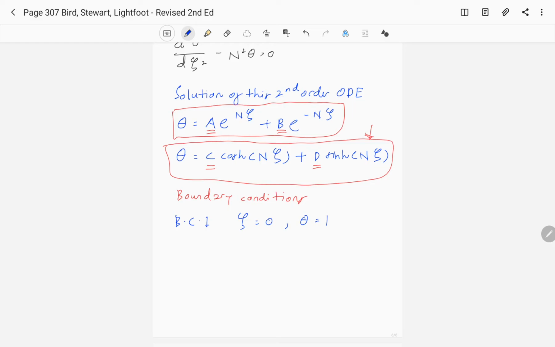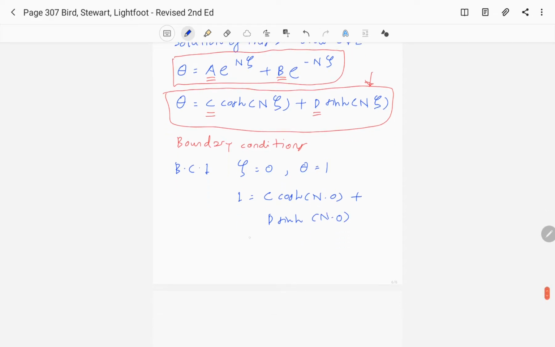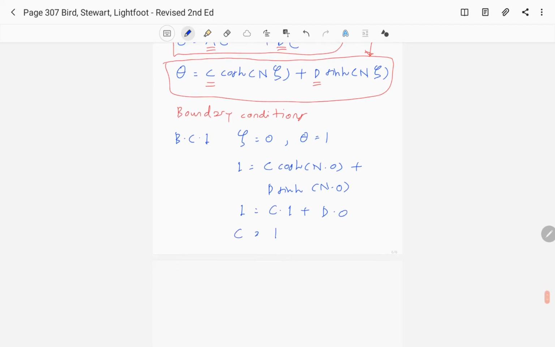So if we put that in, then 1 equal to c cosh n multiplied by 0 plus d sinh n multiplied by 0. cosh of 0 will be equal to 1, sinh of 0 will be equal to 0, so your c will be equal to 1.